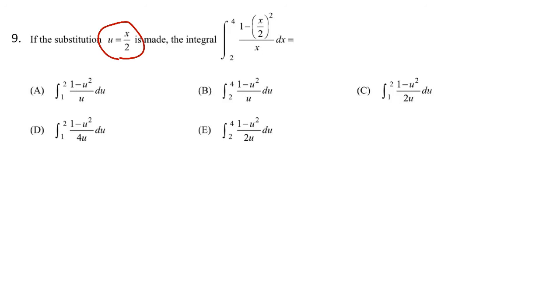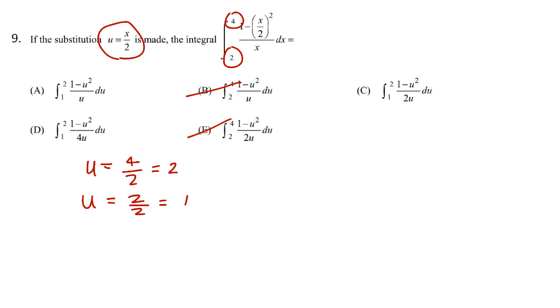So notice all these being in U. So let's take this U and convert our endpoints. So the top endpoint is going to be 4 over 2, which is 2. So automatically that gets rid of answer choice B, and it gets rid of answer choice E. And so the other endpoint looks like it should work out to be 1, and it does.